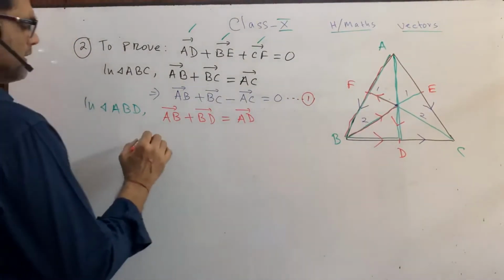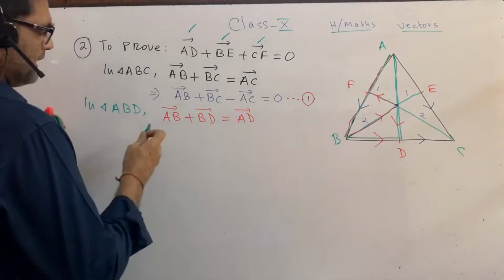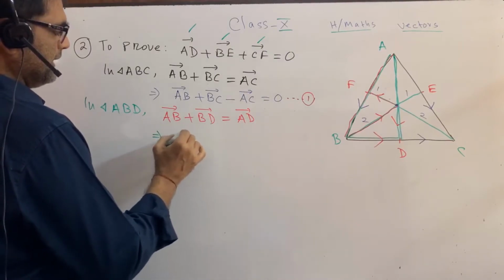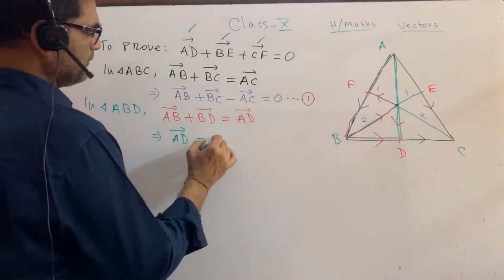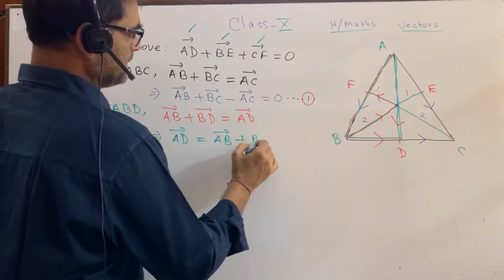From here we can write, implies that AD is equal to AB plus BD.